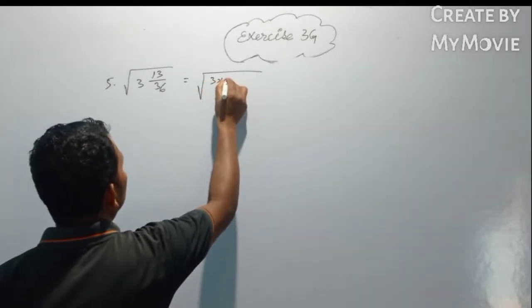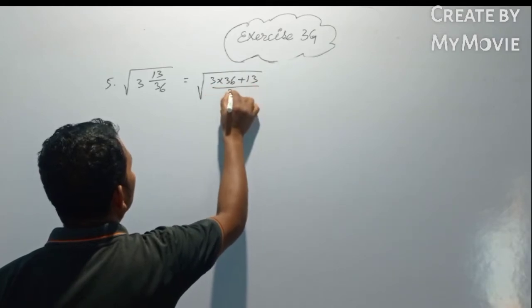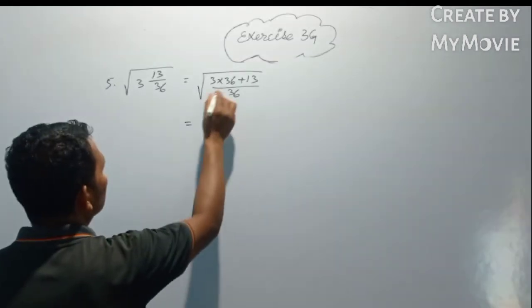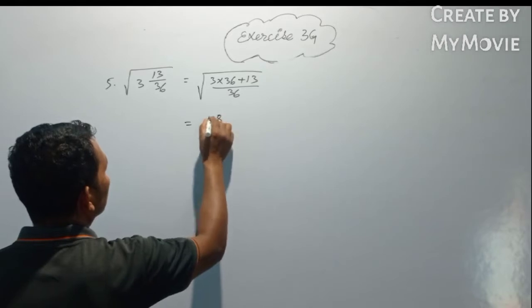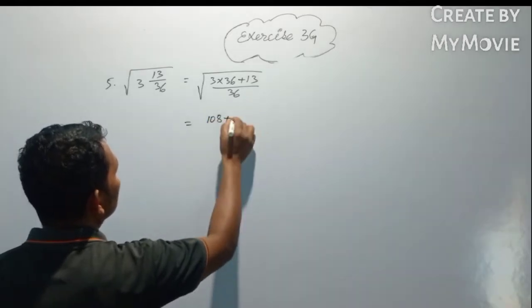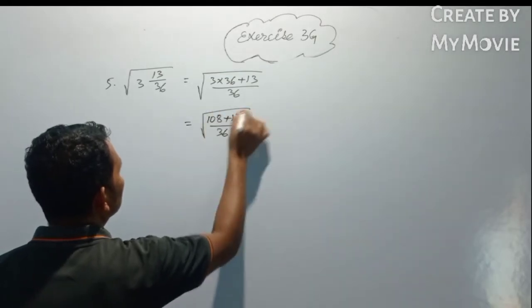So this will be 3 into 36 plus 13 upon 36. This is equal to 3 6s are 18, 3 3s are 9, 9 plus 1, 10. 108 plus 13 upon 36.